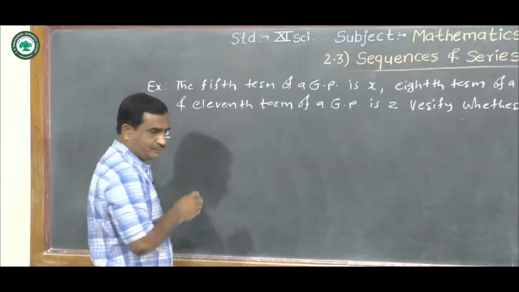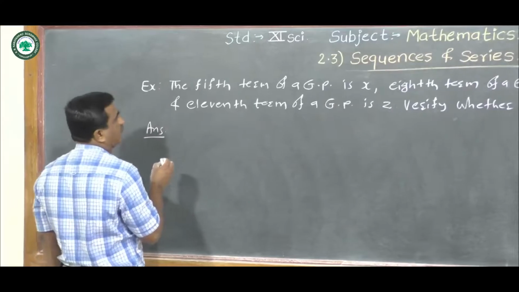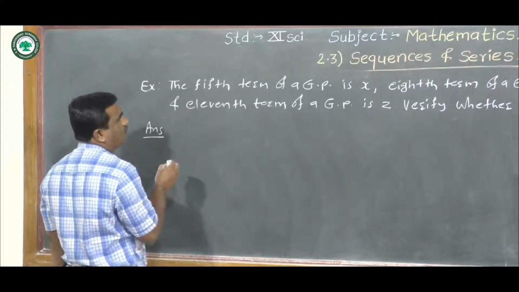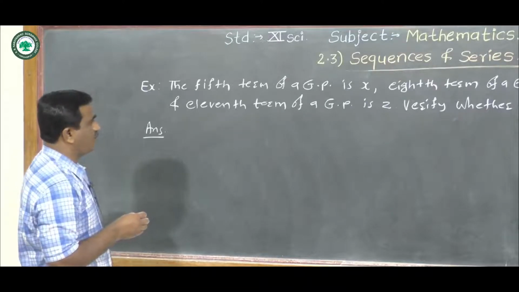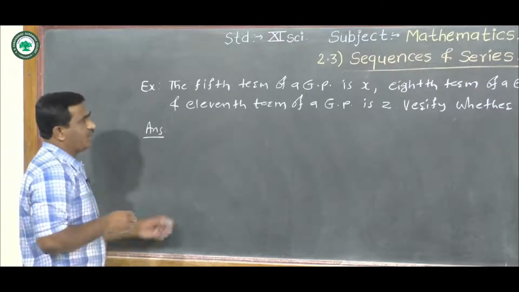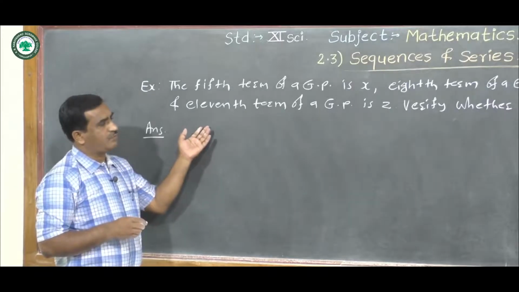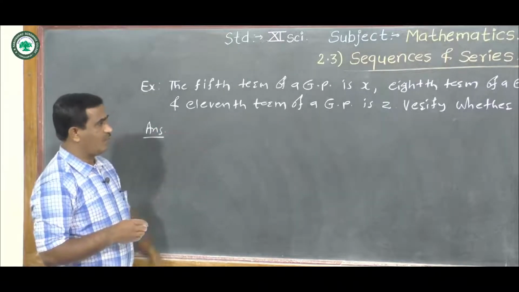Now the answer for this. Consider the given terms. Given that the fifth term of the GP is x, the eighth term of the GP is y, and the 11th term of the GP is z. Now first we consider the values of the first term and common ratio.